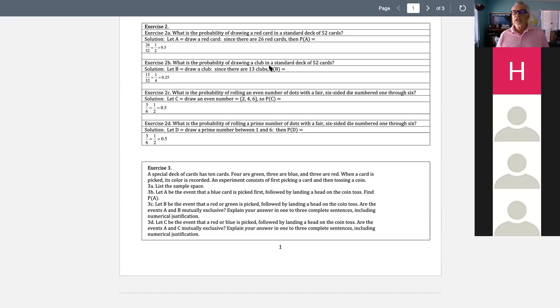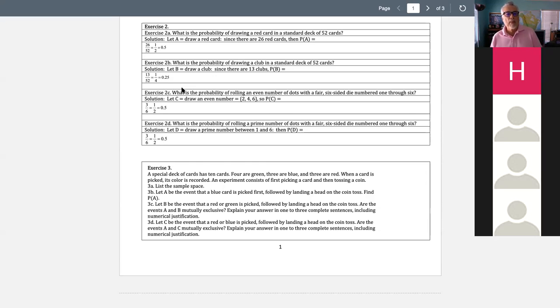And what is the probability of drawing a club? Well, there are only 13 clubs in the deck. So our numerator here is 13. Our denominator is 52. So you have a probability of 1/4 of drawing the club at random in a pick of 1 card from the standard deck, okay?